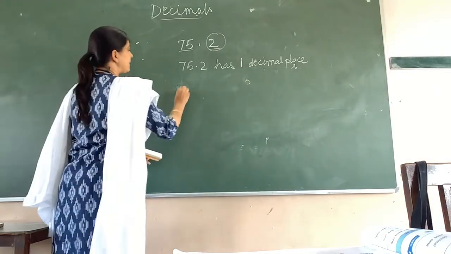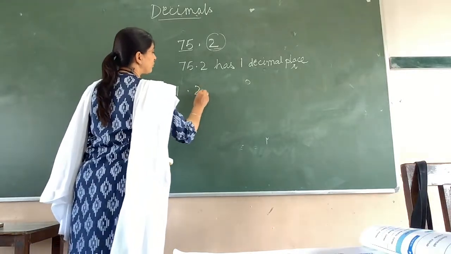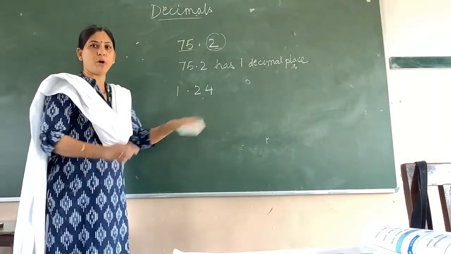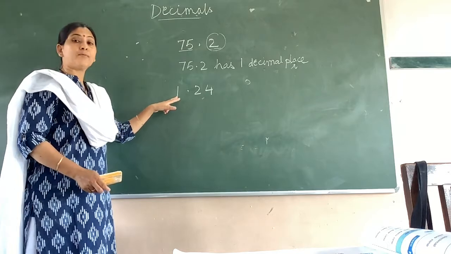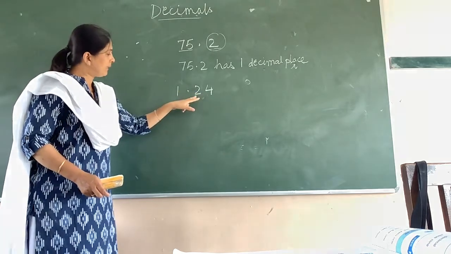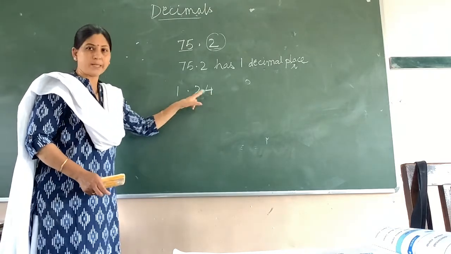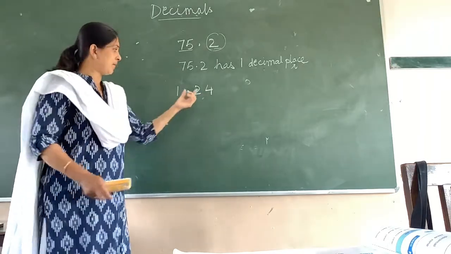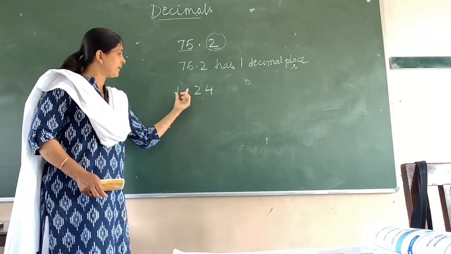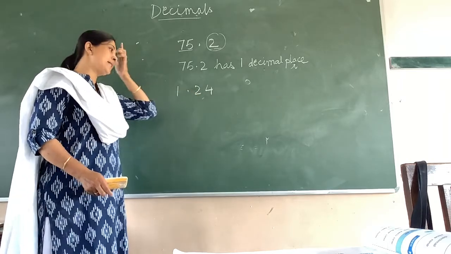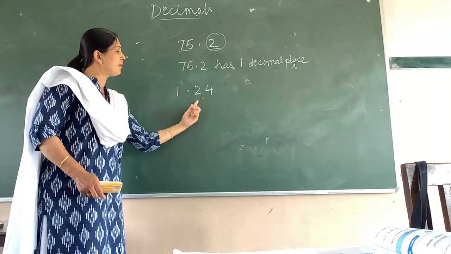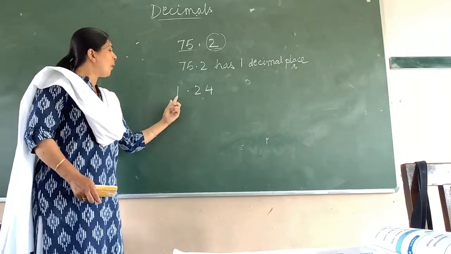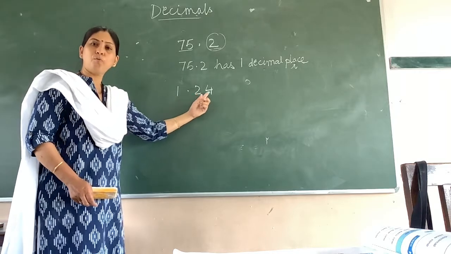Now let's take this number, 1.24. How will we read it? We will not read it as one point twenty-four. The digits after the decimal point are read separately. We do not read the number formed by the digits after the decimal together. The digits written after the decimal point, we read one by one. So how will we read 1.24?